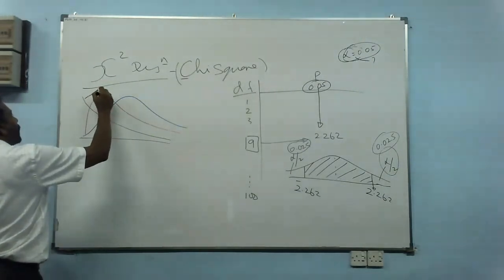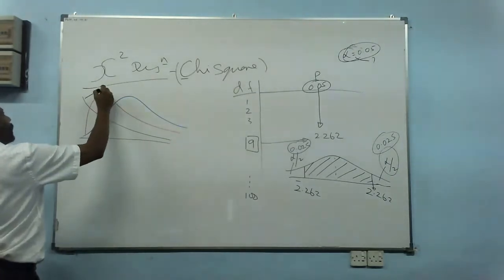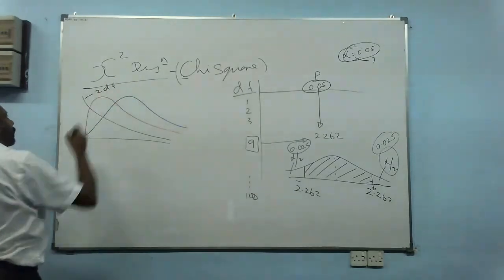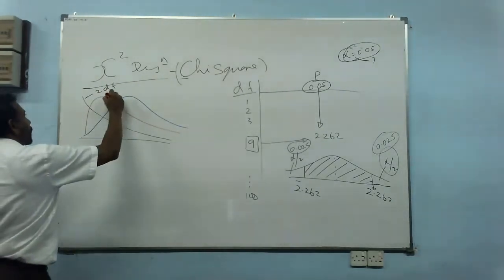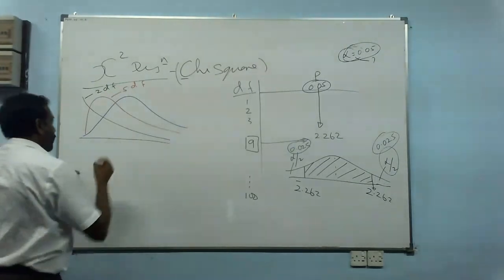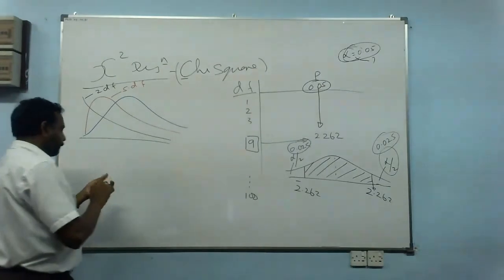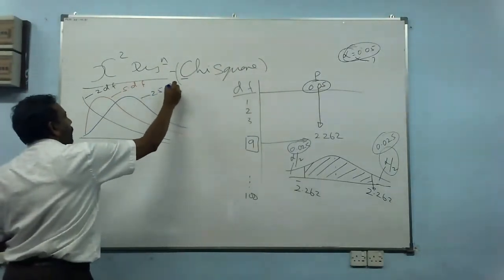Low degrees of freedom, let's say 2 degrees of freedom, as an example. Then this is 5 degrees of freedom. Then this is 25 degrees of freedom.